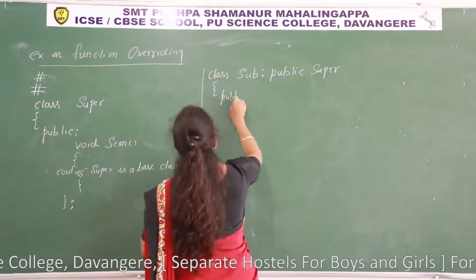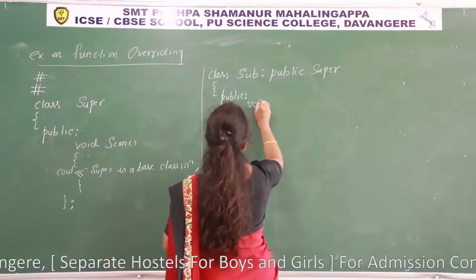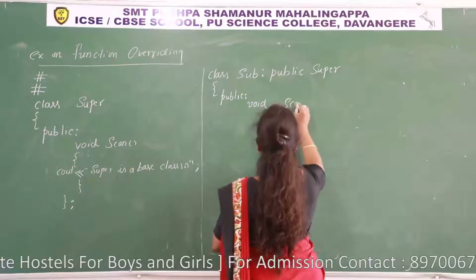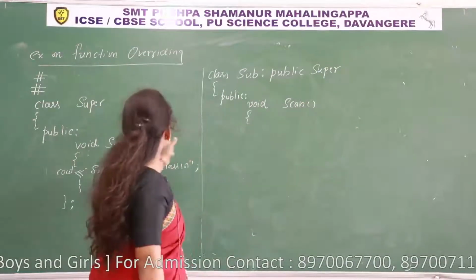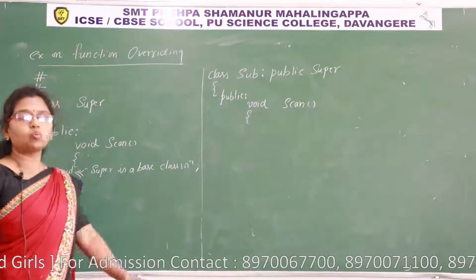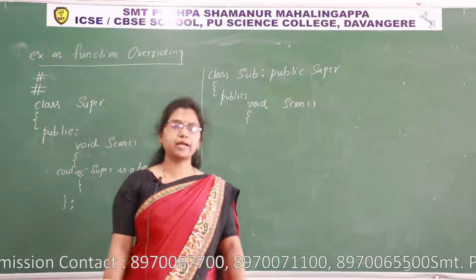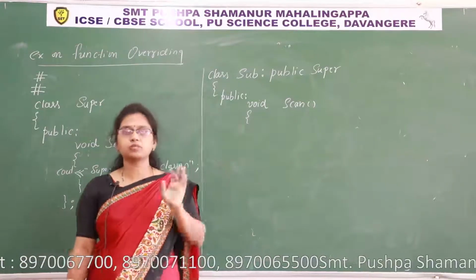In the public section, void. Here I will take the same function name, scan, because this concept is about function overriding. Don't get confused with function overloading and function overriding. Function overloading is a different thing, a different chapter.